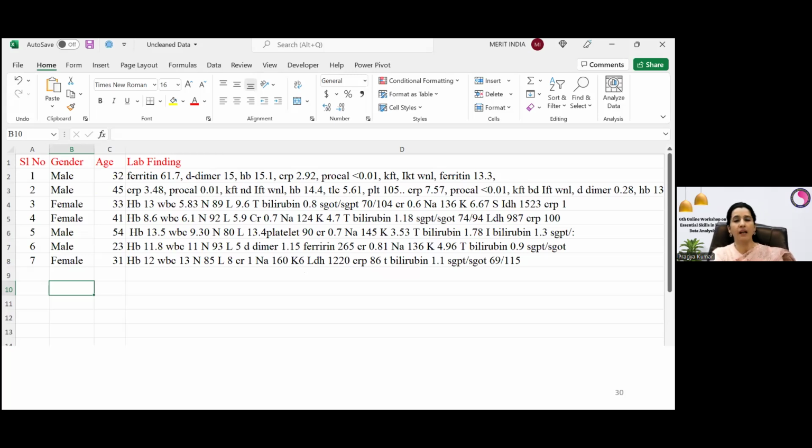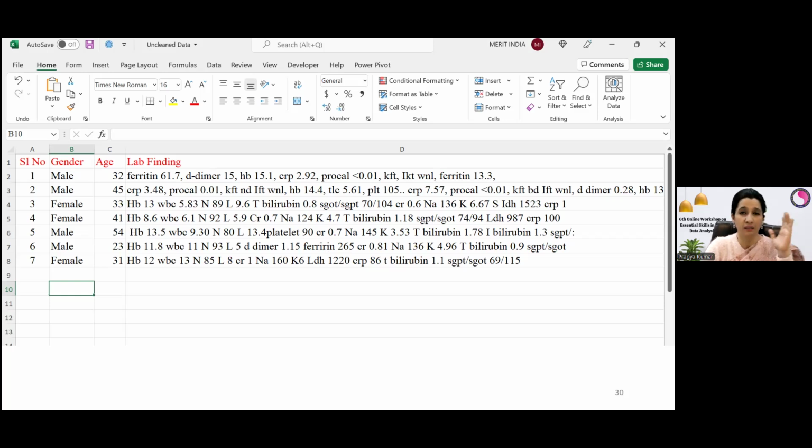There are quite a lot of variations in how people understand data entry and analysis. I think there were approximately 400 data. You can imagine a PG student or a senior resident entering 400 data like this, and at the end you come to know that nothing can be done with this data.